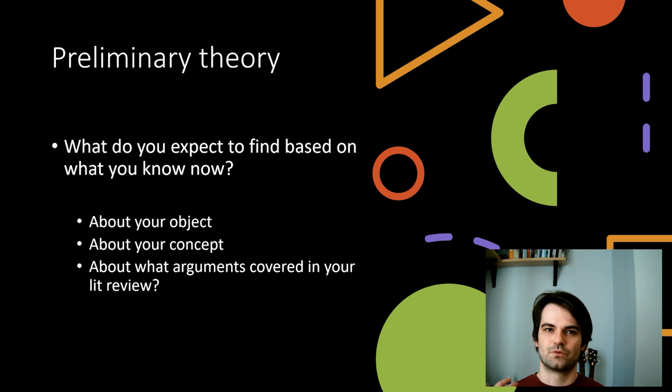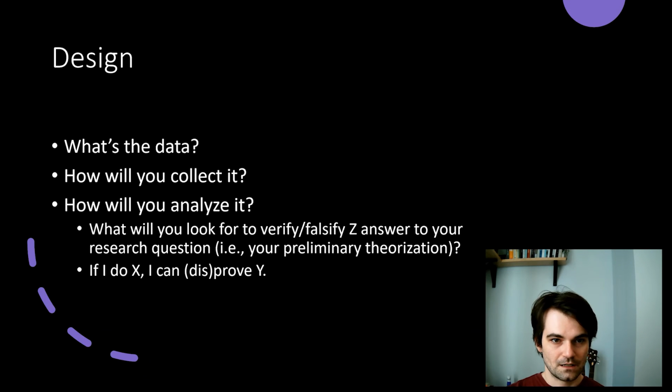That's your preliminary theorization, and guiding readers through your thought there is going to be really important. I can't really provide more specific advice on that because it's going to vary case by case, depending on how you're linking this object and this concept, but I hope that makes sense. I'm not going to talk too much about this because there was a whole tutorial on the research design, but while you're editing the section, ask yourself: is it clear what the data is, how you will collect it, and how you will analyze it?